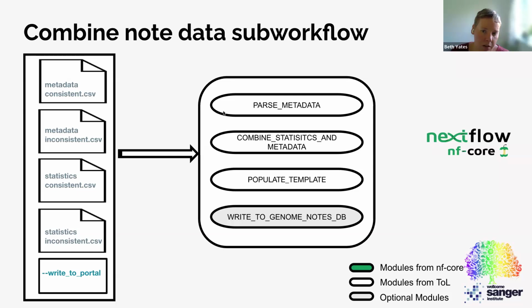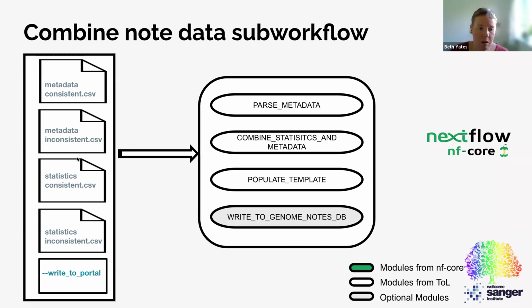The parse metadata step, the first step here, got run for all of the files that were produced by the genome metadata sub-workflow, but we also run it again on the output of the genome statistics sub-workflow, and that gives us the placeholder values from the statistics sub-workflow, so we end up with 4 different files.